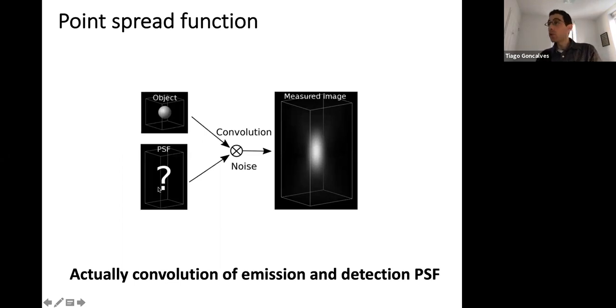So in theory, you can deconvolve that and improve your resolution by deconvolving your image. In practice, this yields mixed results. And it's always a good thing to measure your detection point spread function, because that is the true measure of what resolution you're going to have.